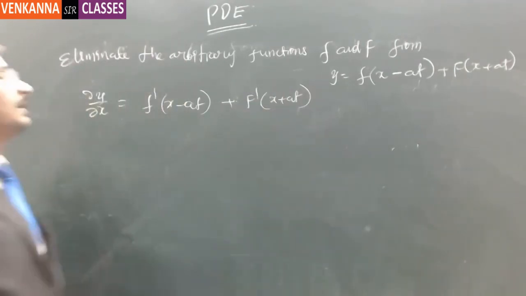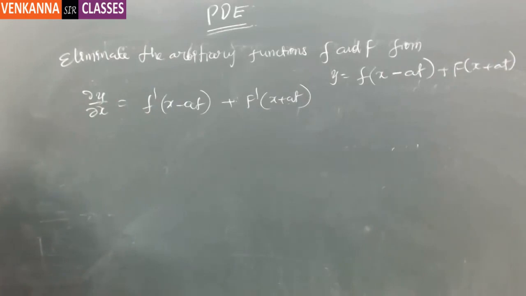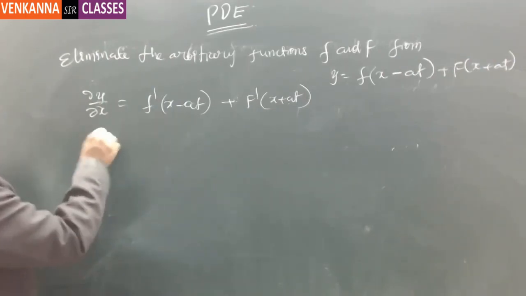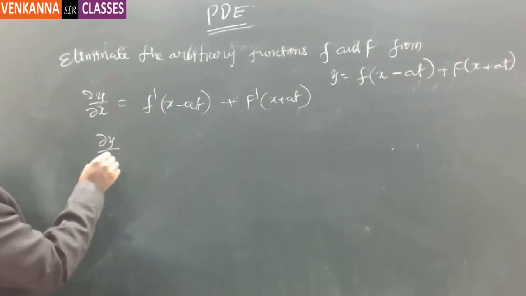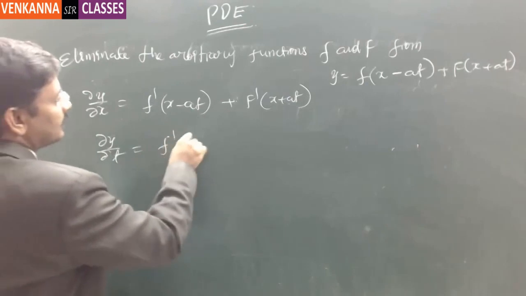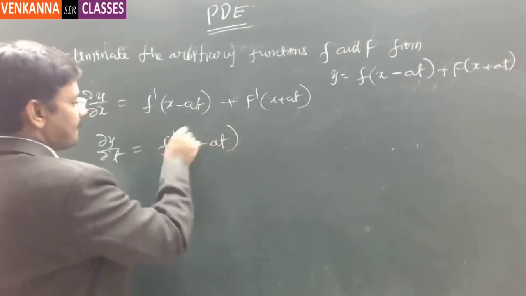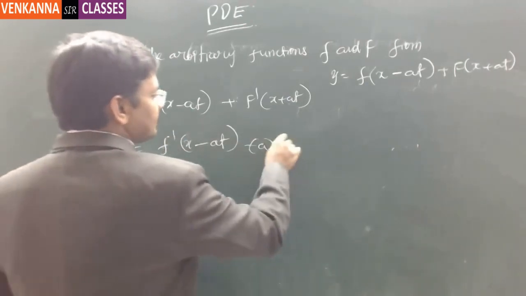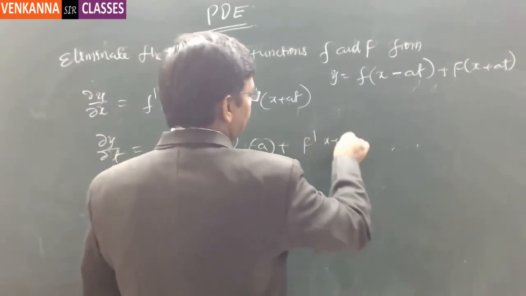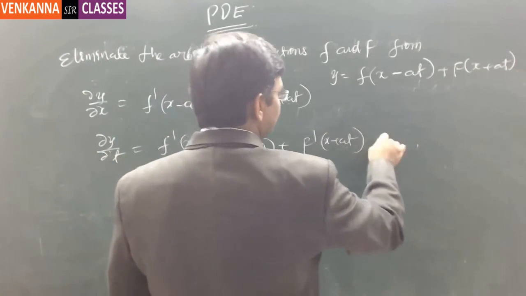So this is by taking the first derivative, right? And then if I take the derivative with respect to t, ∂y/∂t is equal to f dash of (x minus at) into minus a plus F dash of (x plus at) into plus a.